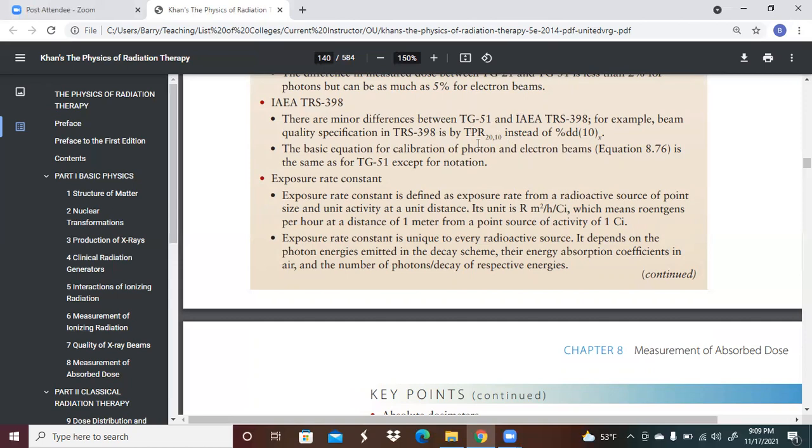There are certain differences, like the beam quality specification is going to be TPR rather than percent depth dose. The basic equation for calibration of photon and electron beams is going to be the same as TG51, except for the notation. Got to be a little bit different somehow, right?